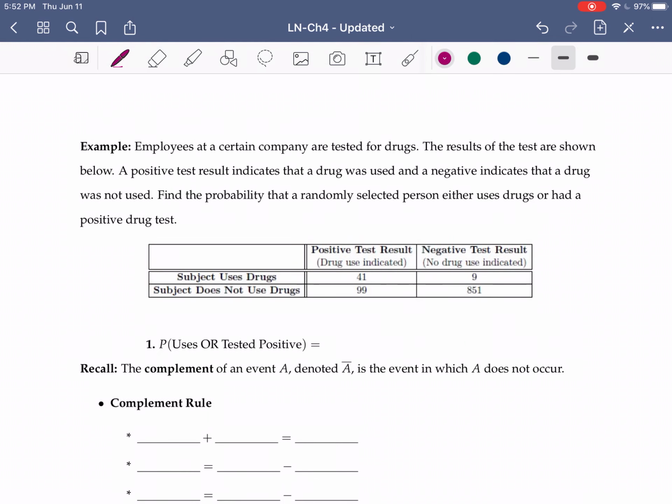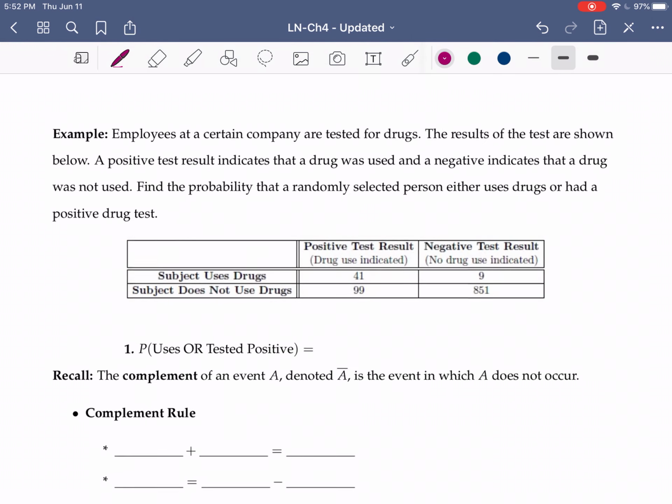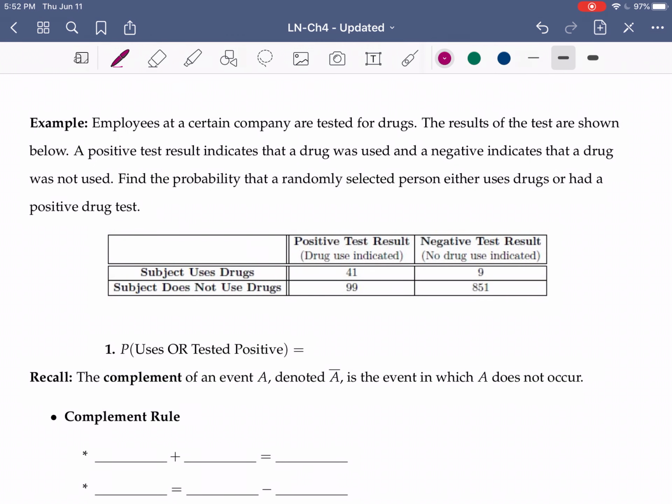All right, so let's revisit that previous example. Let's think about this example in the context of the addition rule. So we're again going to find the probability that a person uses drugs or had a positive drug test. We had a total of 140 people there, and we had 50 people here.